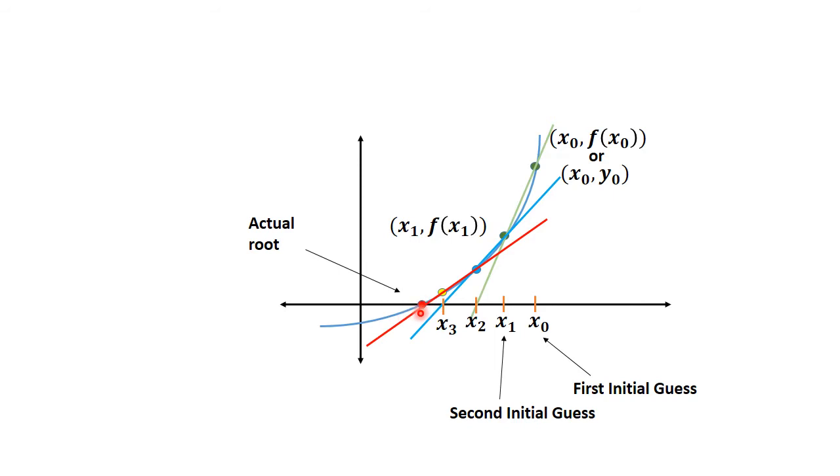So this new point is a very good approximate root, and it is very close to the actual root. So students, in this way you can very easily find the approximate root by using this method.